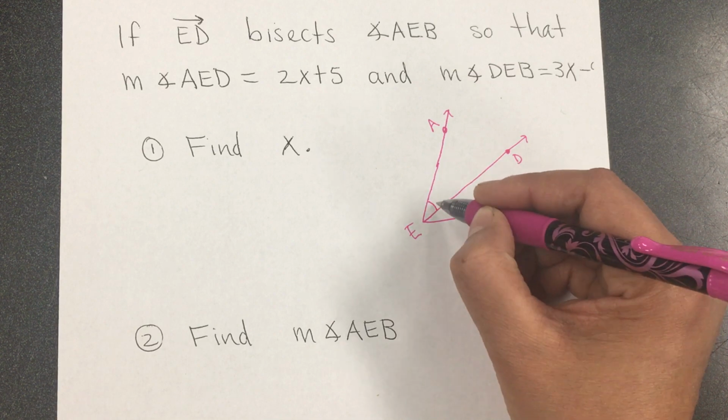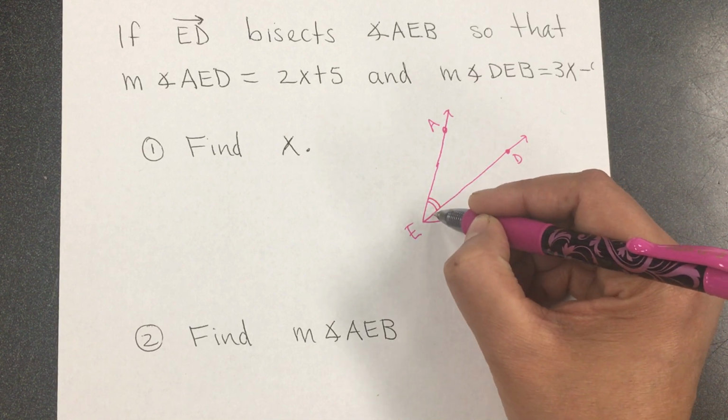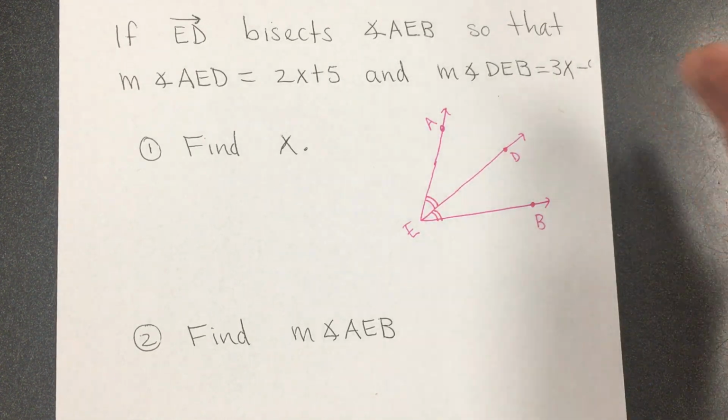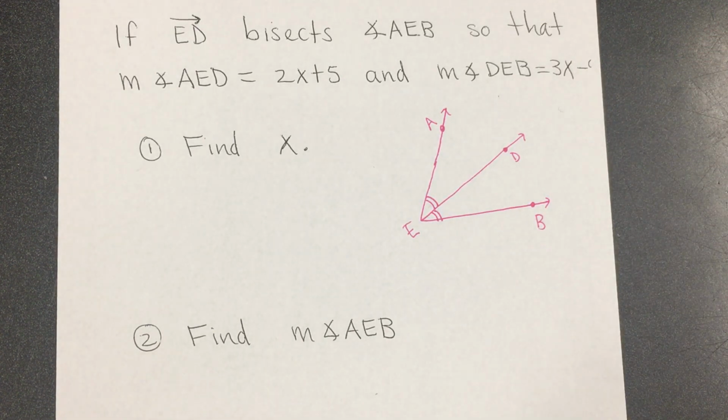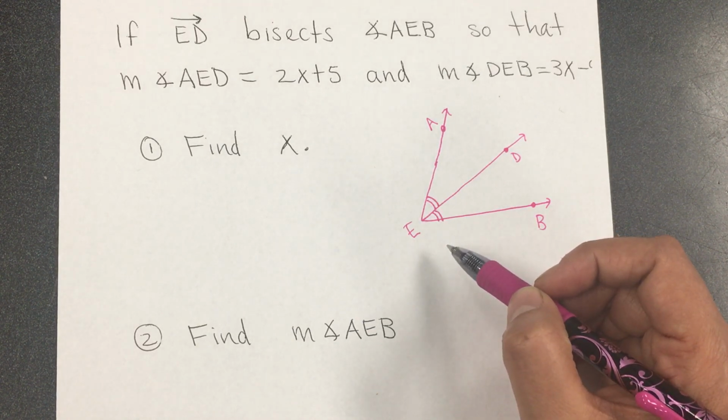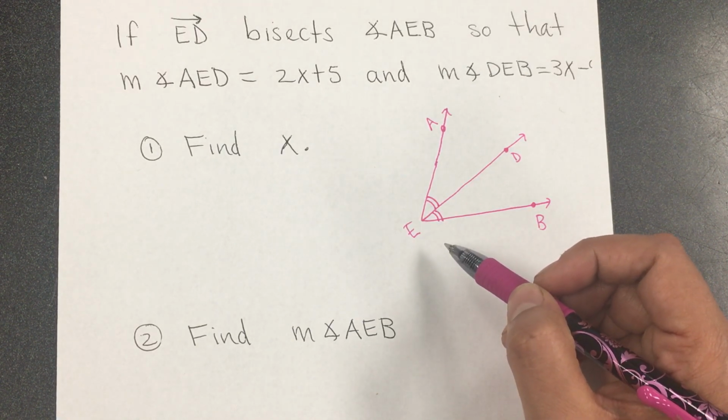That these two angles are congruent. And I'm going to put two little markings. It doesn't matter if one is more forward and one is closer to the vertex. As long as they have the same number of little arcs, that means that they are congruent.